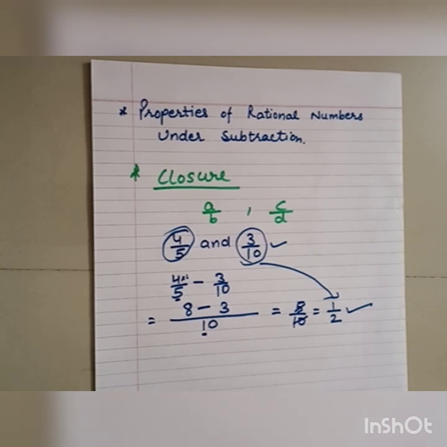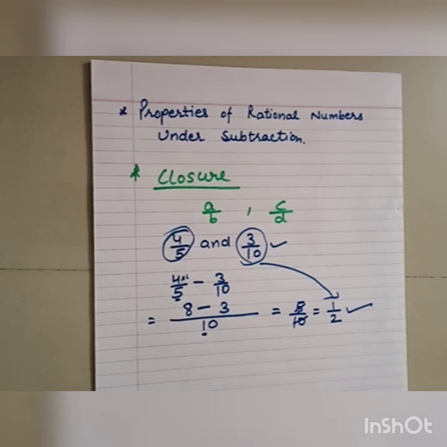But, like addition, for the commutative property and associative property, subtraction is not commutative and associative for rational numbers. Okay, because when we subtract three numbers and group the first two in pairing, we can't get the left hand side and right hand side equal. This is your homework: take some examples and verify the commutative and associative properties. So for subtraction, these properties are not satisfied for rational numbers.